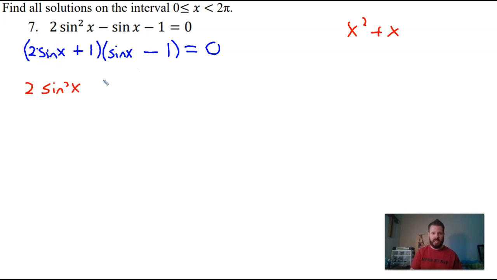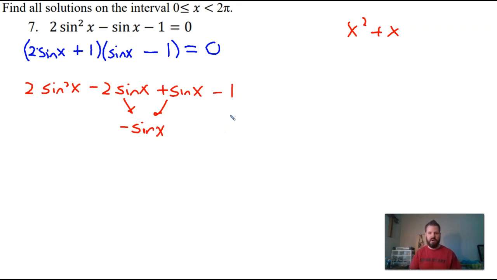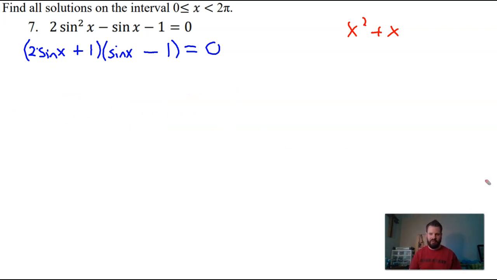Outer, 2 sine x times 1 will give me a positive 2 sine x. Inner, we get a negative sine x. And yes, that will turn into a positive sine x, which is what I was looking for. 1 times negative 1 is a negative 1. Okay, so we know we factored it correctly because it FOILs back out to what we started off with.